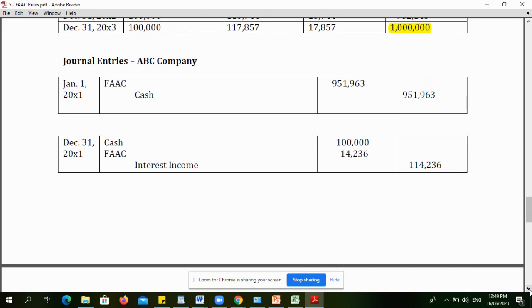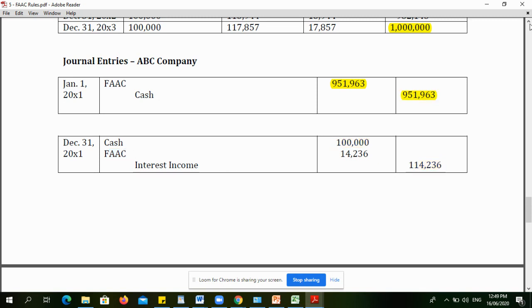So again, journal entries. You notice, it's the same. It means that ABC Company, to buy the bonds, bought them at 951,963. And you notice the interest received and interest income are still the same. But the difference is, now the FAAC is on the debit side.